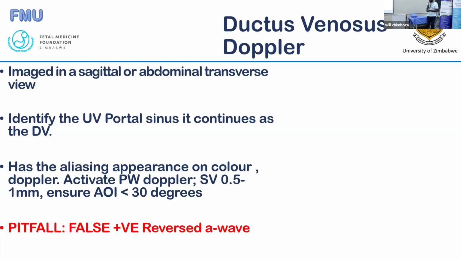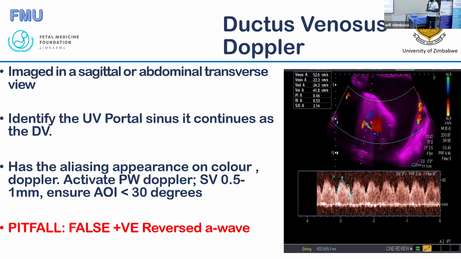Ductus venosus, I think it was mentioned earlier on, plays important roles both in the first trimester and also in the second and third trimesters. It can be imaged in either a sagittal view or a transverse view. How do you identify it? The ductus is one of the shunts. It's a continuation or a bypass from the umbilical vein.